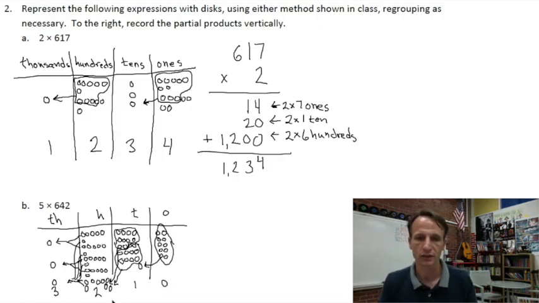Okay, so now let's do it out in partial products. So I have 642 multiplying by 5. All right, so first I will be multiplying 5 times 2 ones.